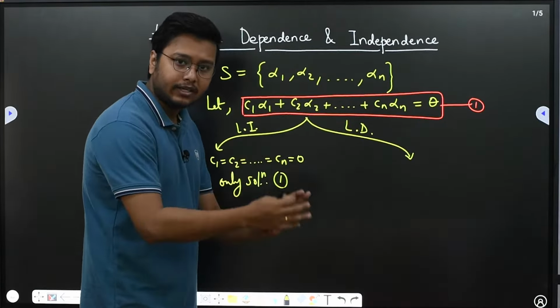Now if I do r1 dash equals r1 minus 3 times r3, it becomes 0 0 0, 1 2 2, 1 1 1, and the value of the determinant would be 0. So if you just expand the original determinant, you get 0 as the answer. So if you get 0 by taking the determinant of the elements, the conclusion is the given set is linearly dependent.